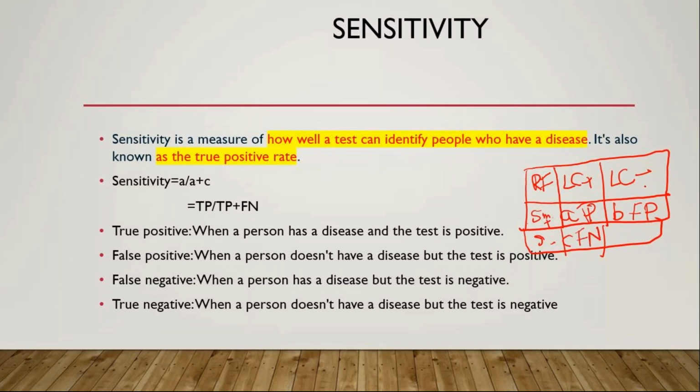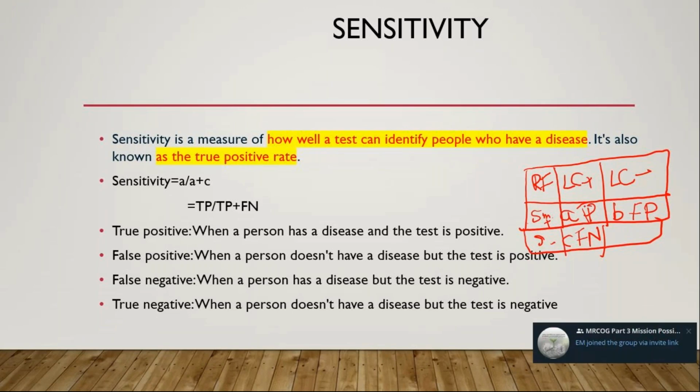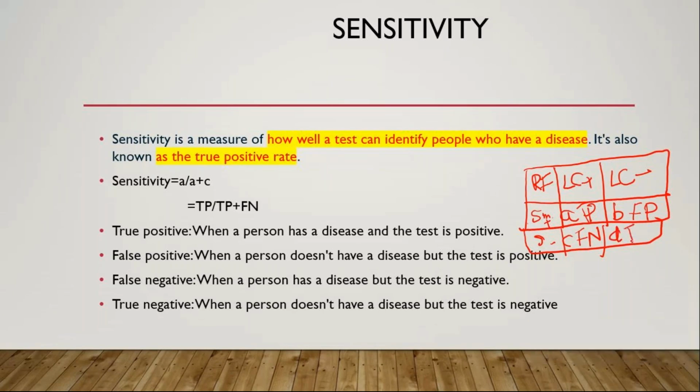And if the person has none of them, that is no lung cancer and no smoking, then write D, that is true negative. So what is sensitivity? Sensitivity is A upon A plus C, that is equal to true positive upon true positive plus false negative.